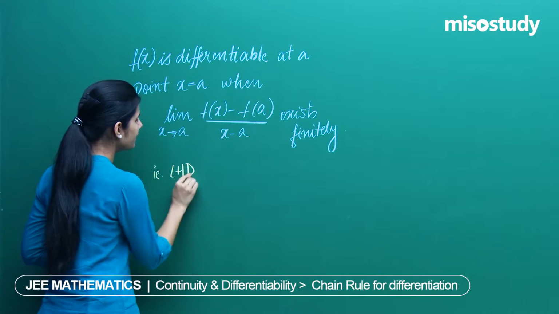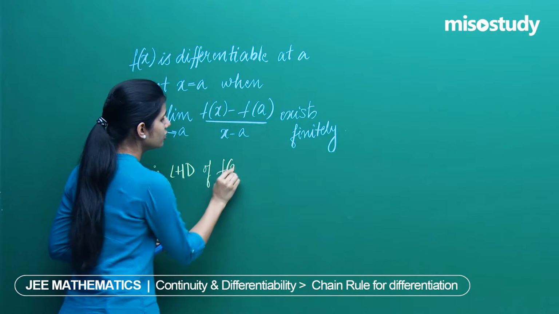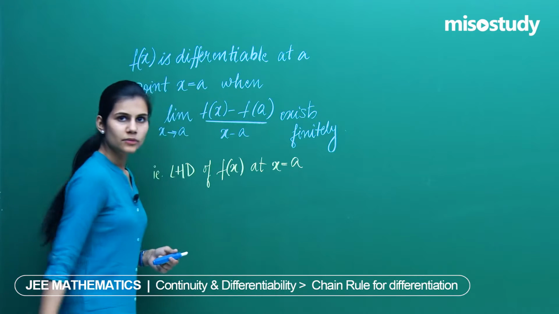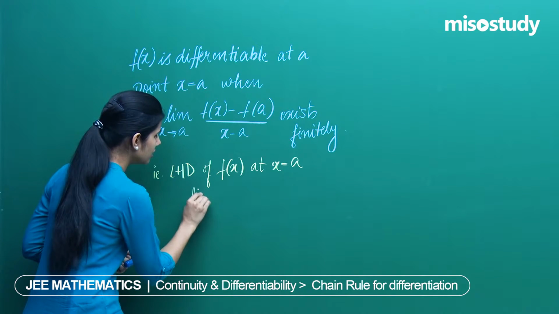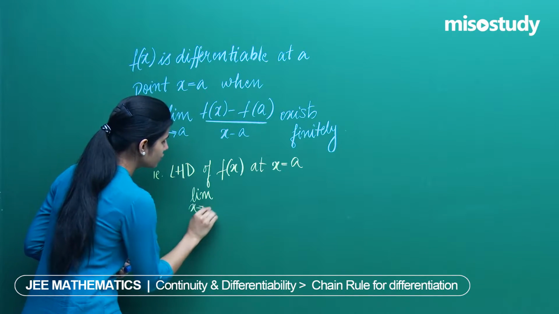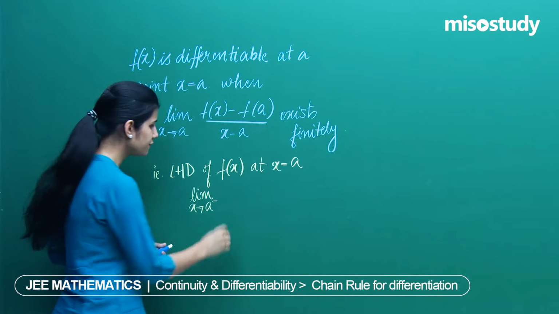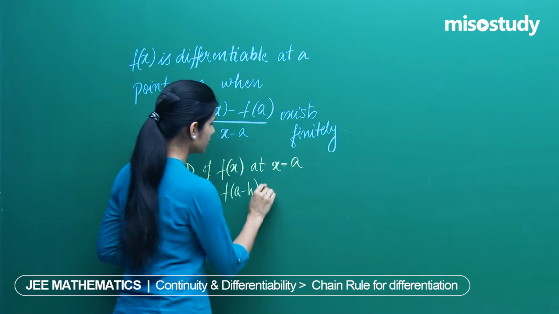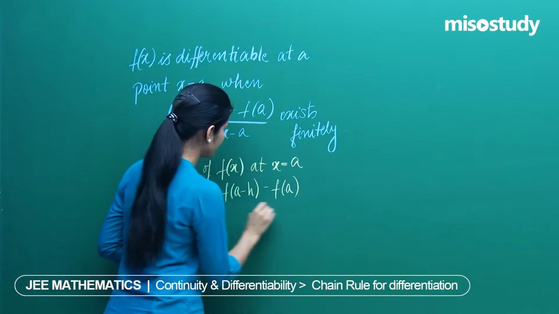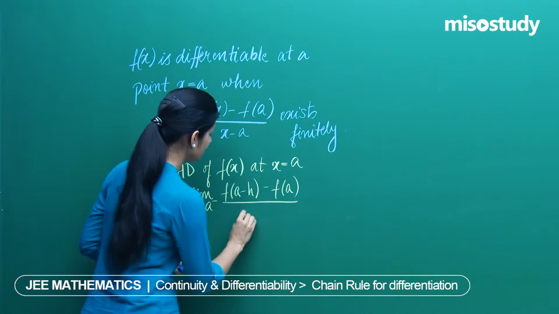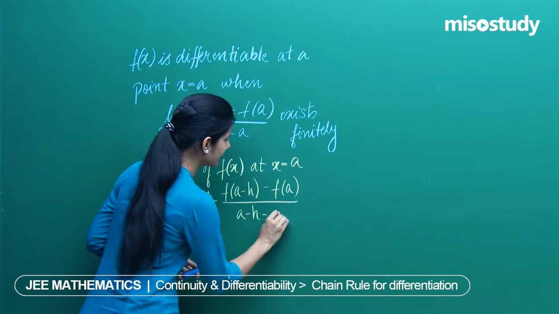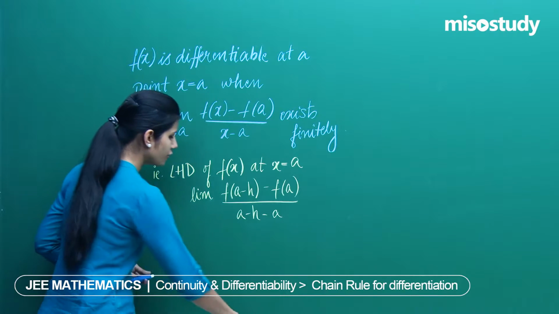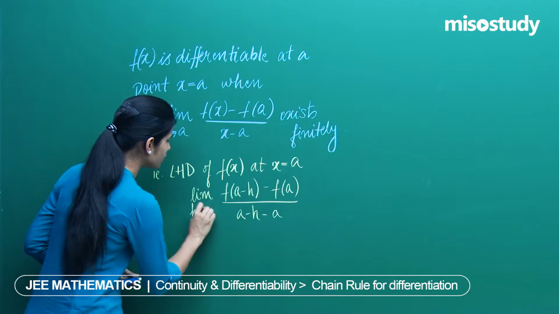alternatively we define the left hand derivative of f at a. What was that? Limit x tends to a from the negative of (f(a minus h) minus f(a)) whole upon (a minus h minus a), and then we replace x tends to a from the negative by h tends to 0.